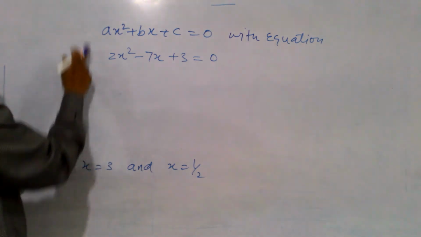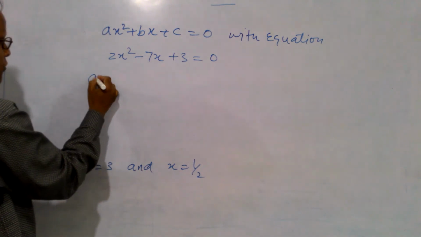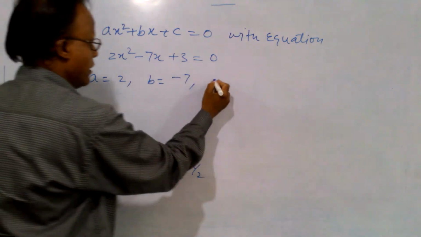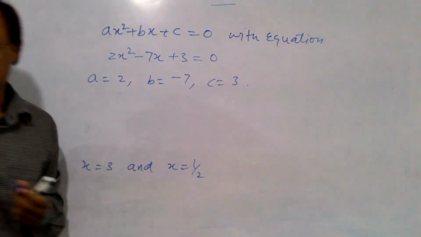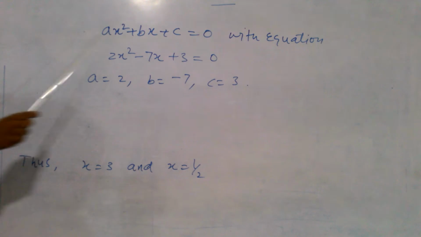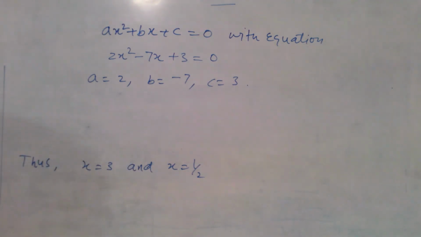So comparing these two equations, what is the value of a? 2. The value of b is minus 7 and the value of c is 3. So by comparing the equation ax square plus bx plus c with the equation 2x square minus 7x plus 3 equal to 0, we get the values of a, b, c.